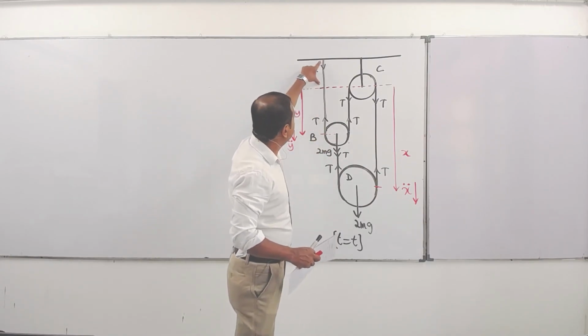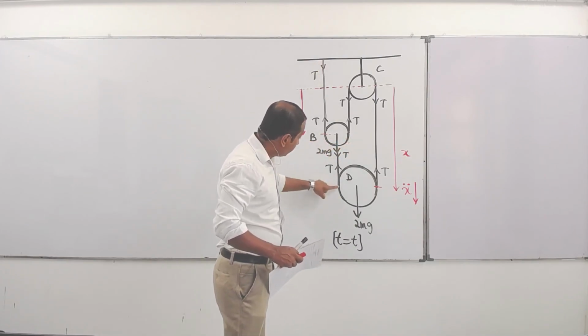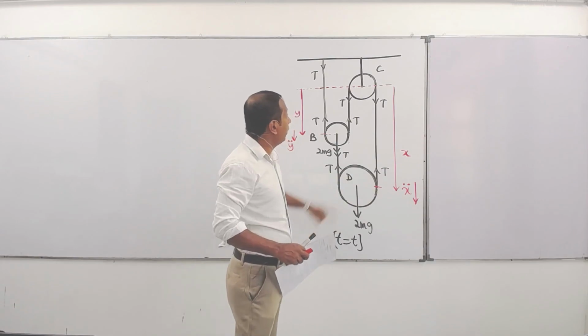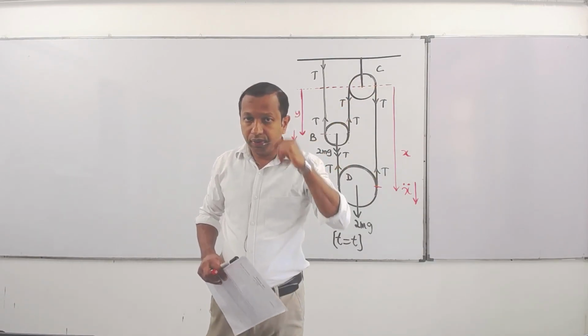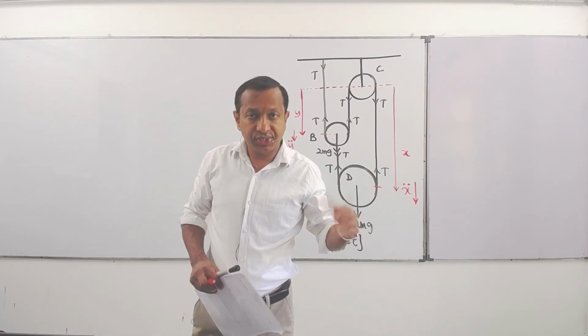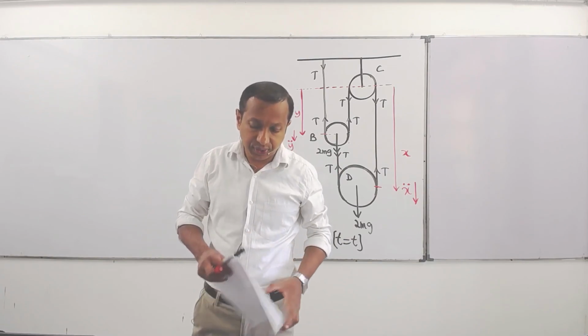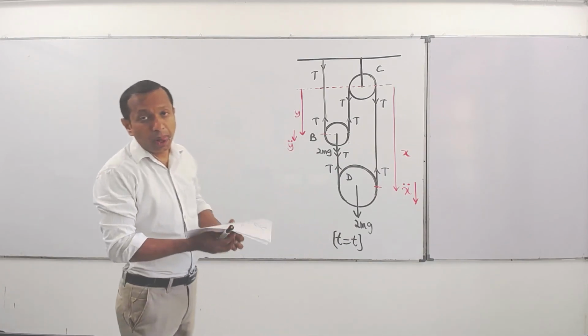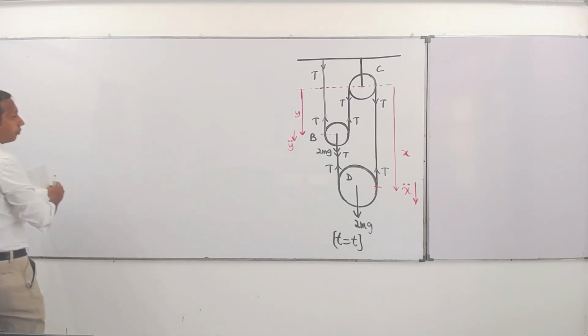And this part of the string is constant, this part also constant, this part also constant, and this part constant. There are some constants to be added. Once we add some constants, the answer is another constant. All those constants I take as one constant c. And then we first write what? For the length of the string, the first equation we write.